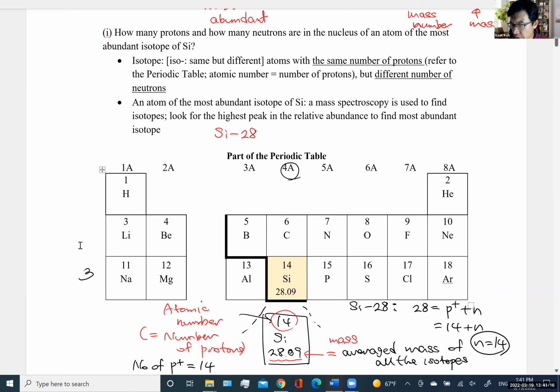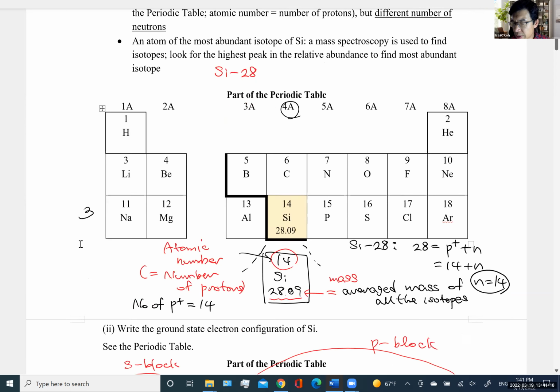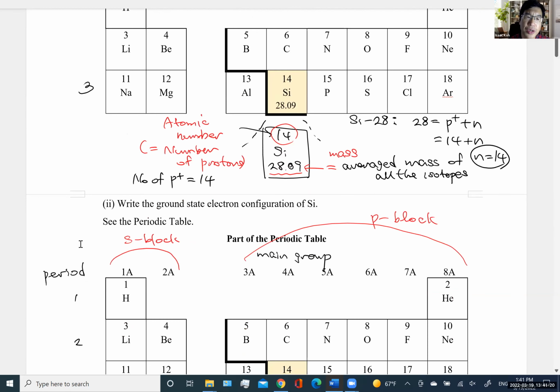When you look at silicon, it has 14 and 28.09. The symbol of silicon is in between. At the top, we have the number 14. At the bottom, we have 28.09. What does it mean? The 14 is the atomic number. Atomic number is equal to the number of protons. Proton number is invariable in a chemical change, so we are using the number of protons as a reference number to identify an element.